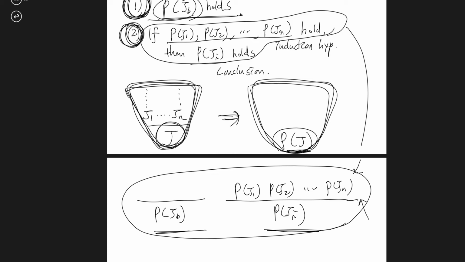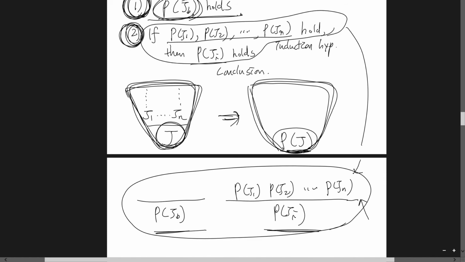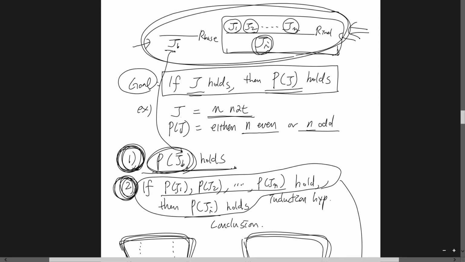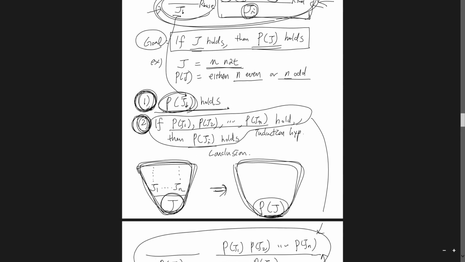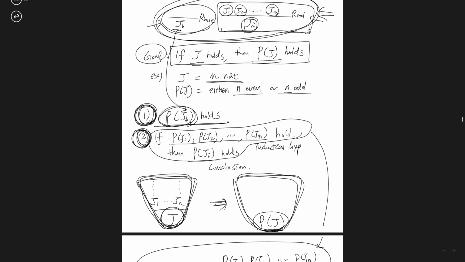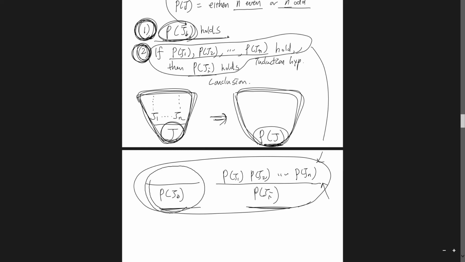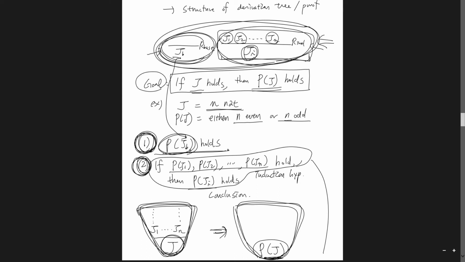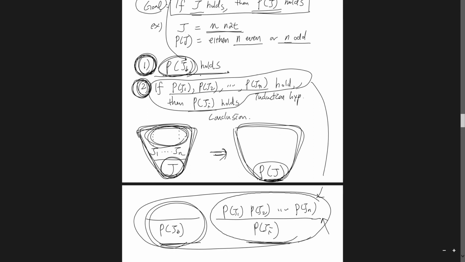And then whenever you encounter an application of this inference rule, you replace it with this one. And similarly, whenever you have an application of this inference rule somewhere here, you replace it with this inference rule.